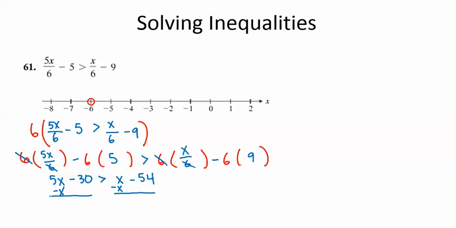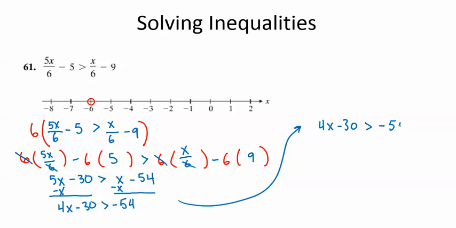And when I do, I end up with 4x minus 30 is greater than negative 54. I'm going to rewrite over here, 4x minus 30 greater than negative 54.